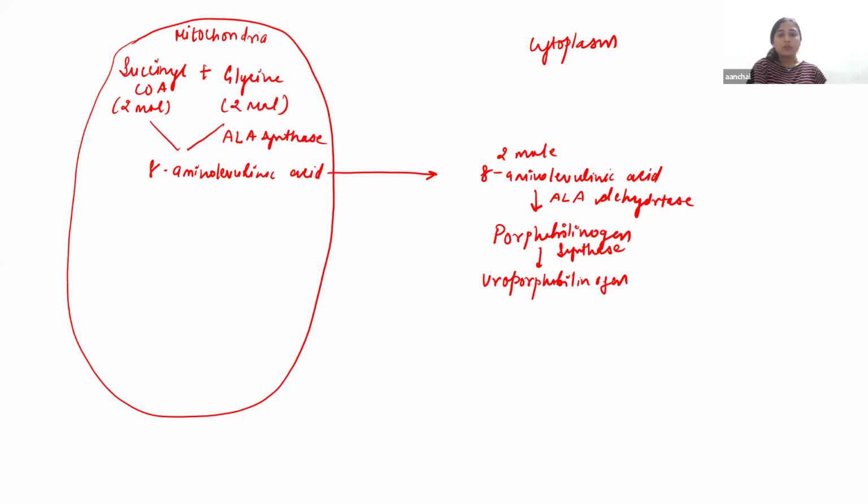As this uroporphyrinogen synthesis takes place, that is basically the first one, it is known as uroporphyrinogen 1.